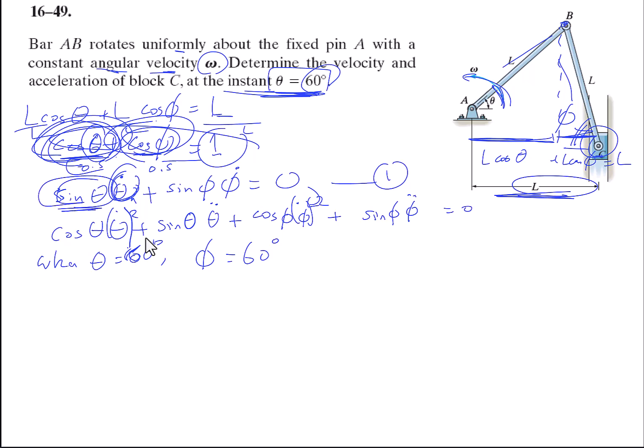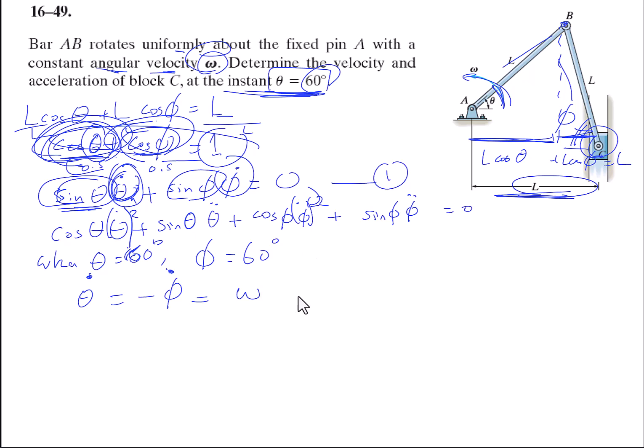Sine 60 is square root of 3 over 2, and sine of phi is also square root of 3 over 2. So theta dot plus phi dot must be equal to 0. Theta dot is equal to minus phi dot, but theta dot is the angular velocity, so this is equal to omega.